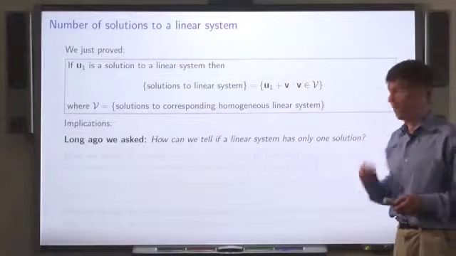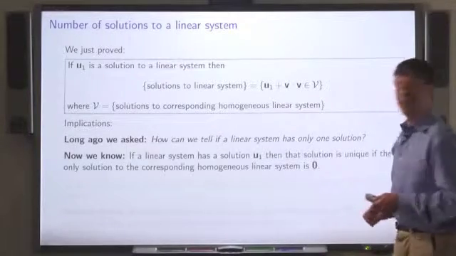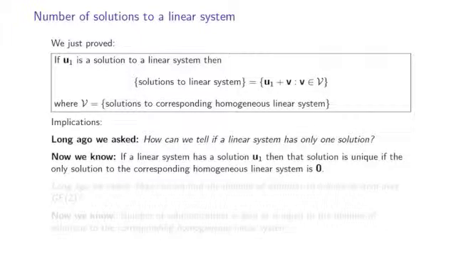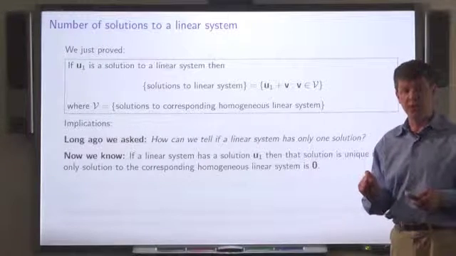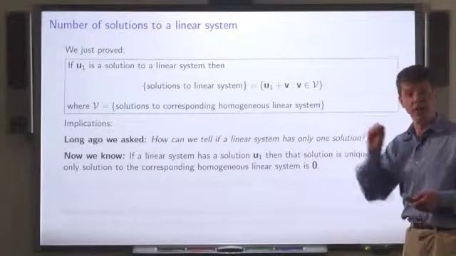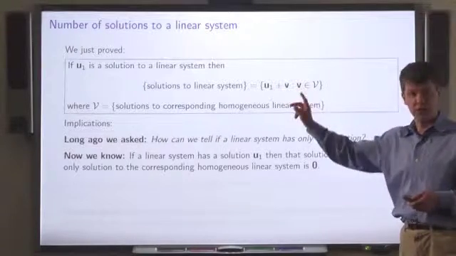Well, this gives us a hint. If a linear system has a solution, u1, then that solution is unique if and only if the set of solutions to the homogeneous linear system consists of just one solution. And we know that the homogeneous linear system always contains the 0 vector as a solution. So that must be the only solution to the homogeneous linear system for u1 to be the unique solution to the original linear system.